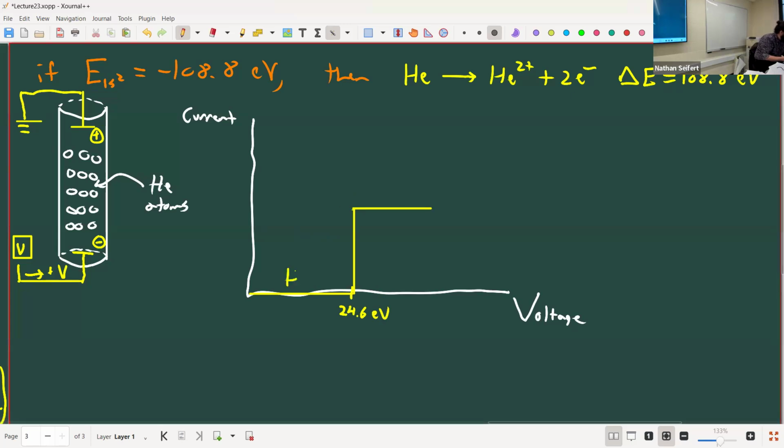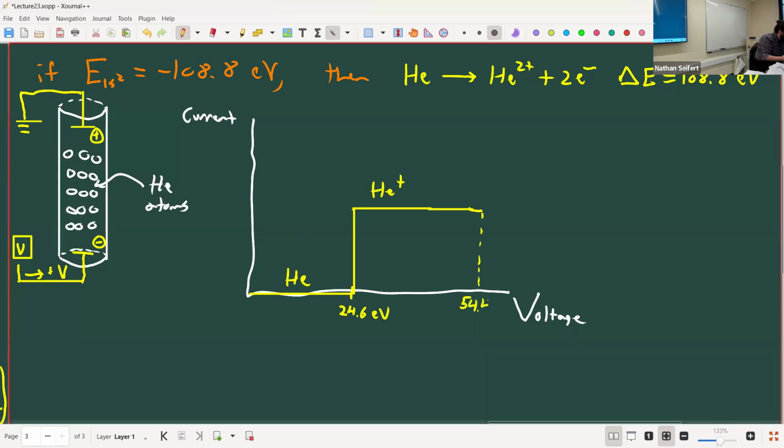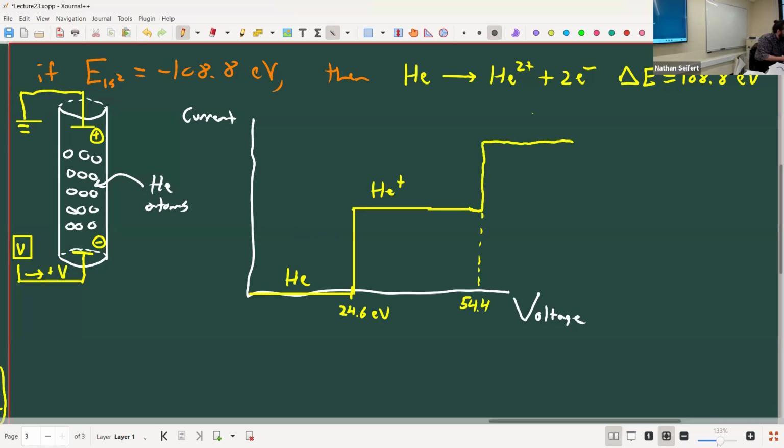So now we have neutral helium here, and now we have helium plus here. We continue our current, and then at 54.4 eV, we get another current jump. This is He2 plus. So the first electron leaves at 24.6, and the next one leaves at 54.4.